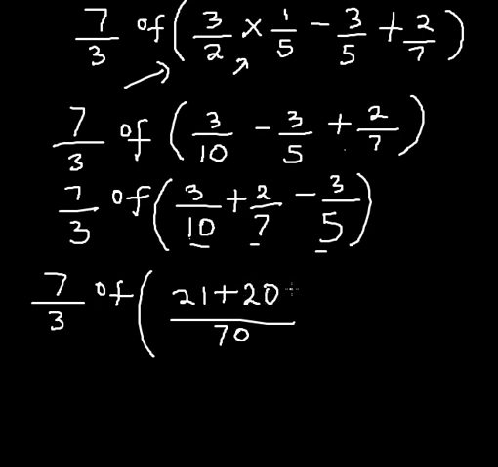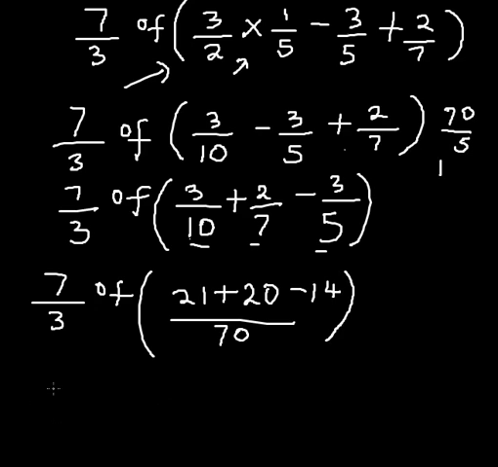Then minus 70 divided by 5. Let's do that. 70 divided by 5 is 14. So this is going to be 14.